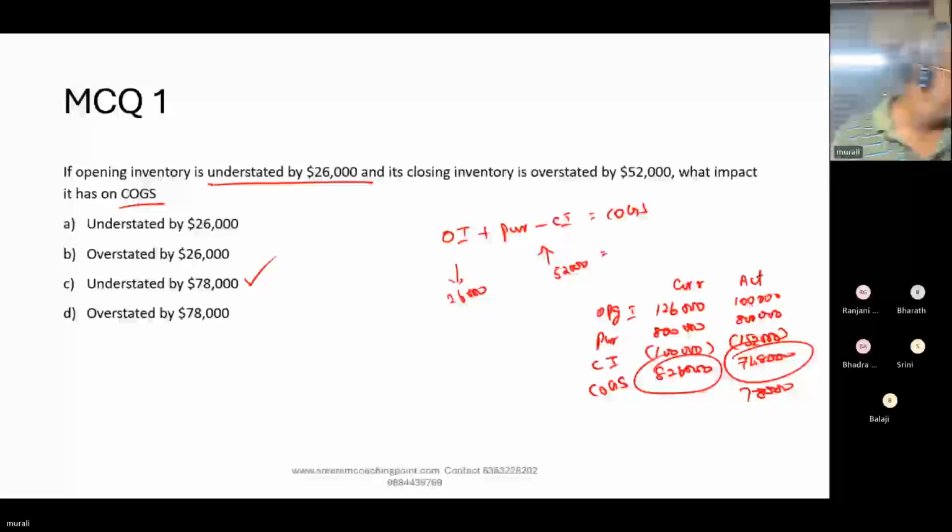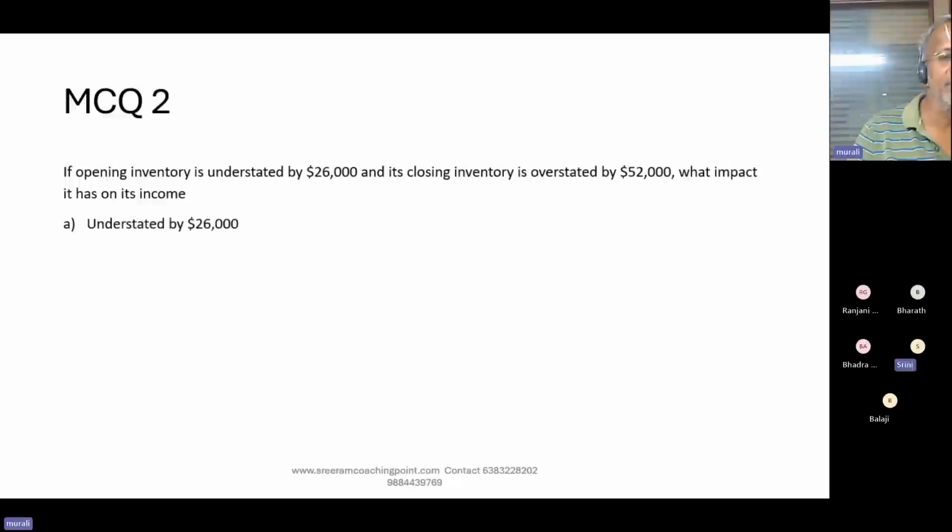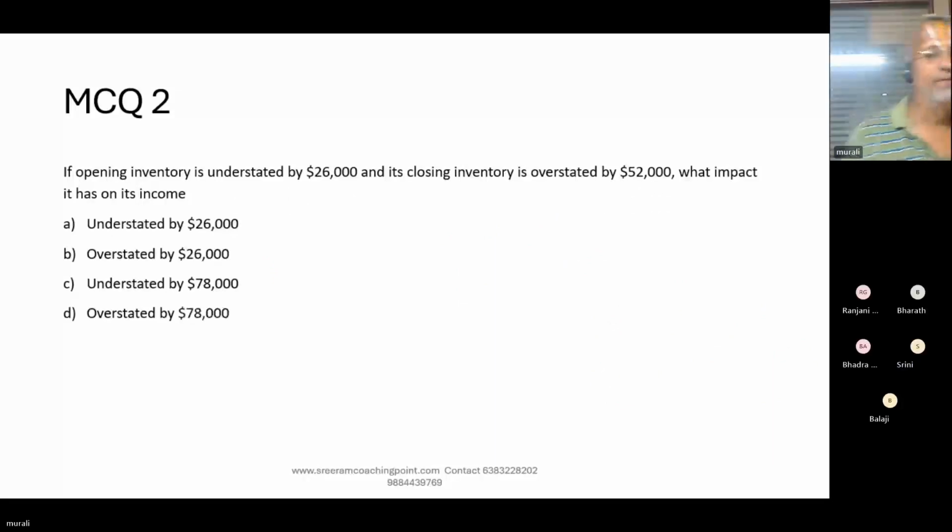Are you clear? I expected a very fast answer for this. Now, if opening inventory is understated by 26,000 and closing inventory is overstated by 52,000, what impact does it have on income? Please be careful. What question did they ask for COGS?